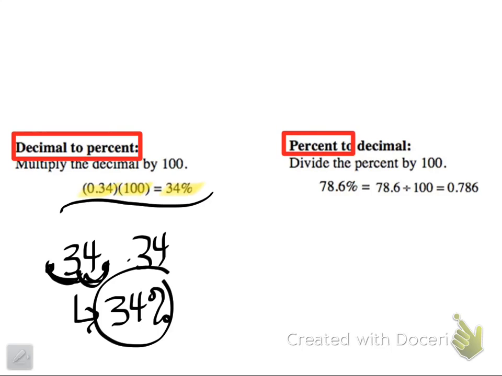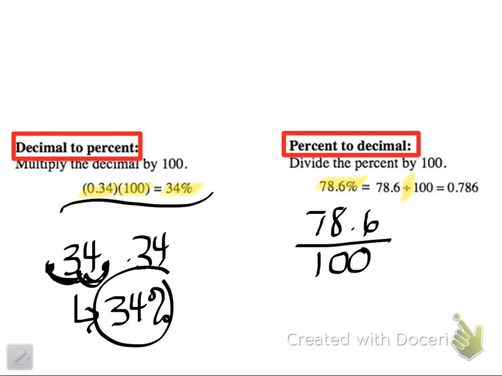Now, moving on to changing a percent to a decimal. It's basically the exact same thing, but instead of multiplying, we're going to divide. As I see here, we're going to take 78.6%, which equals 78.6 divided by 100. So if we multiplied by 100 and our decimal moved to the right 2 spots, what do you think is going to happen if we divide by 100?